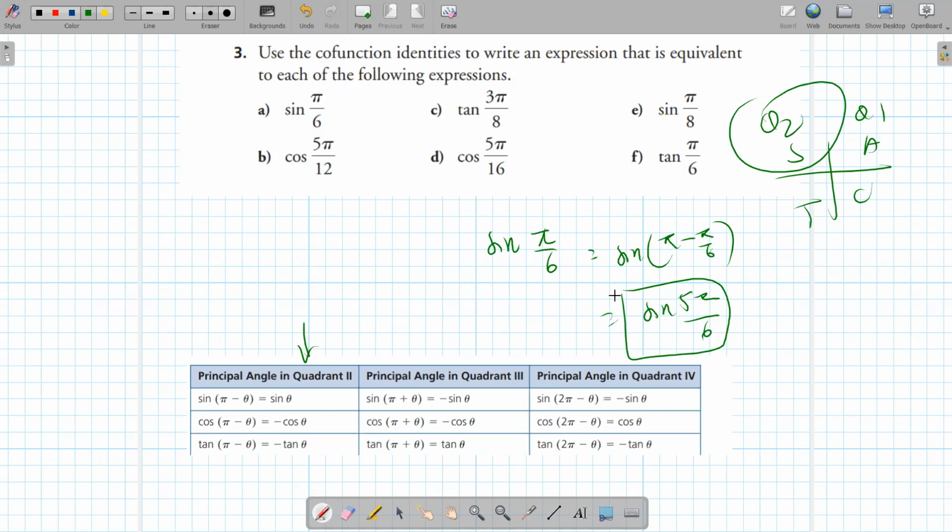I thought that in the textbook it said to use cos of that one. Cos? No, it says use cofunction identities. I don't think it means cos. I think because what I have is cos of pi over 2 minus pi over 6. I don't know, that's what it says in the answer. Let me check.